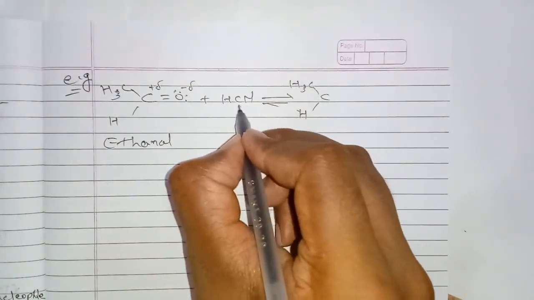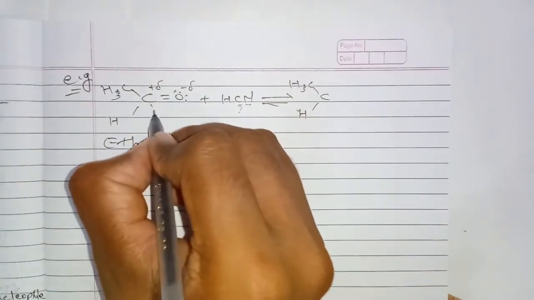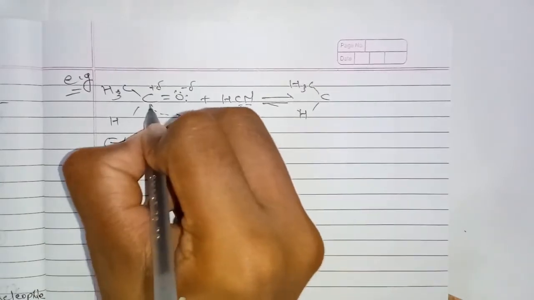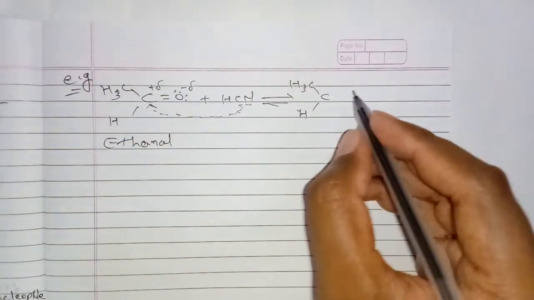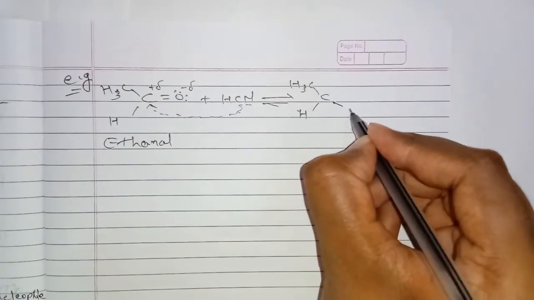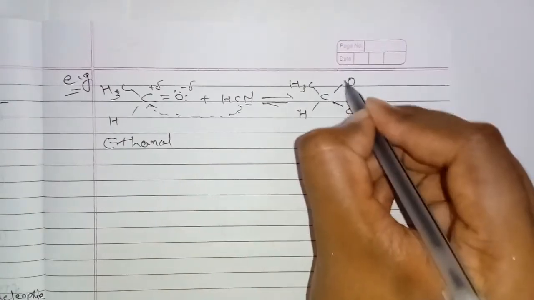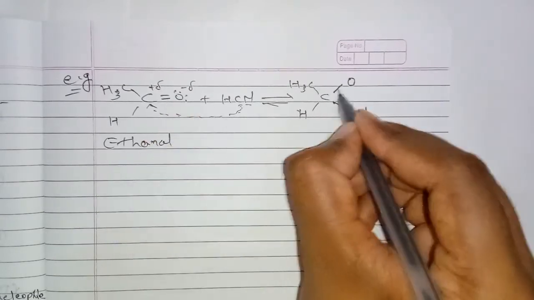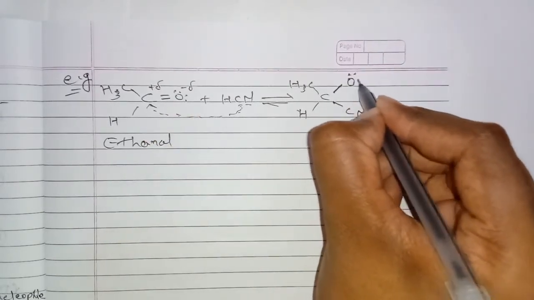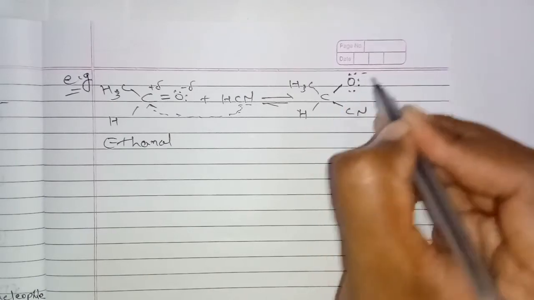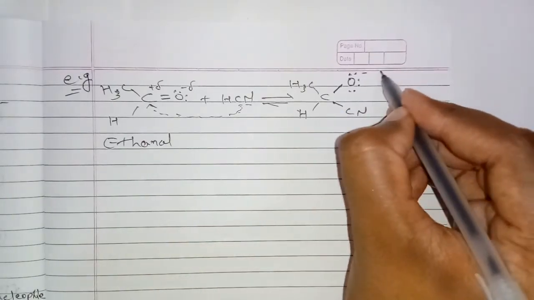This cyanide will attack on the carbon, and this double bond will convert to a single bond, and the oxygen has 3 lone pairs of electrons and a negative charge.